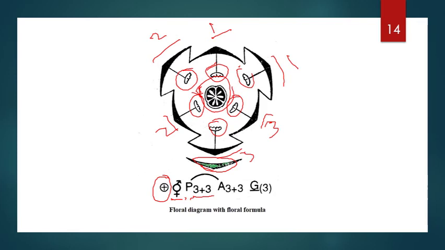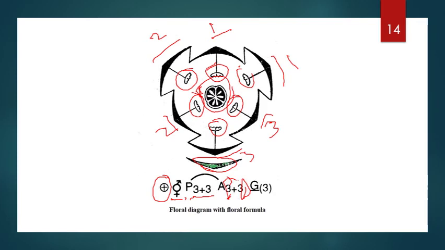After that we have androecium. Androecium consists of 6 stamens, and these 6 stamens arrange themselves into 2 groups, and each group contains 3 stamens. So 3 here and 3 here.